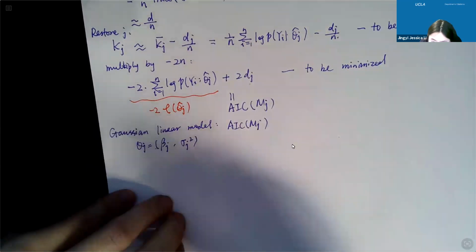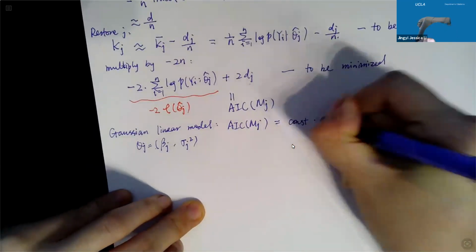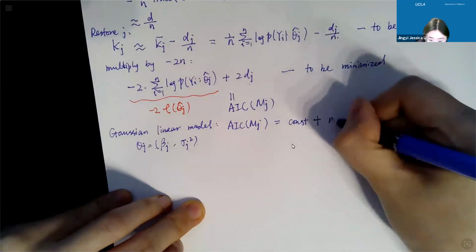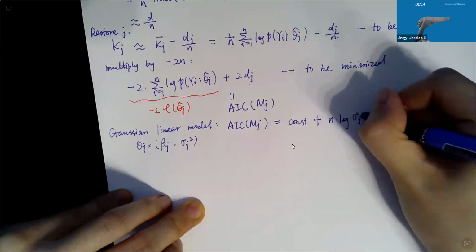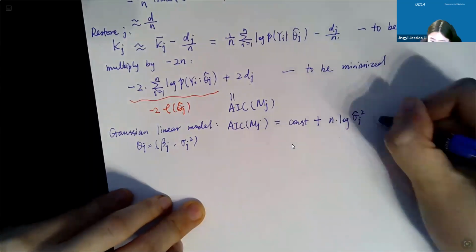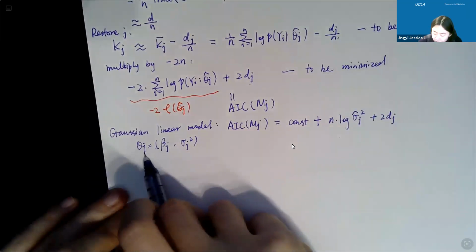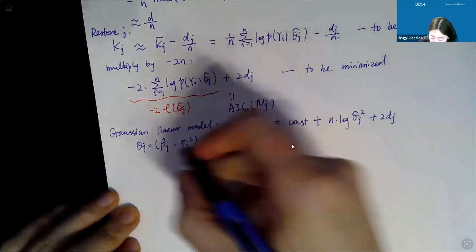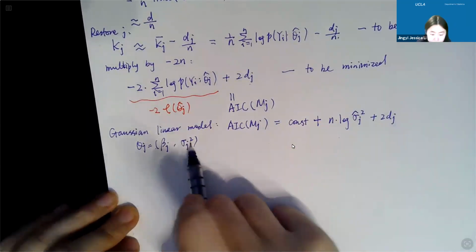So AIC can be shown as equal to some constant plus n times log of sigma j hat squared, the estimated variance, plus 2 dj. The dimension of theta is just dj, so dj here would be equal to the number of coefficients plus 1.